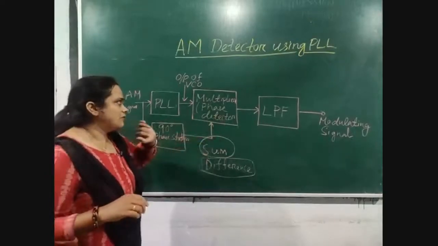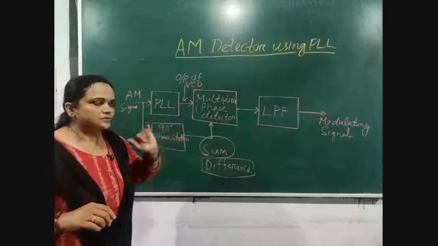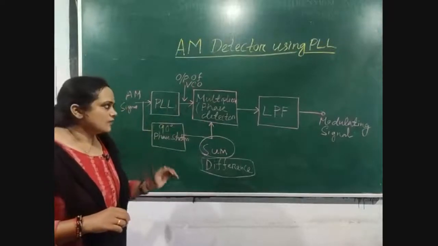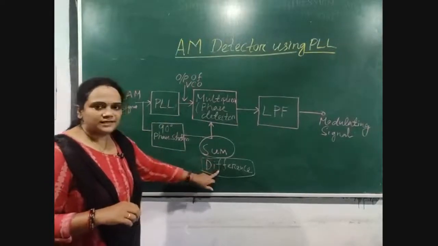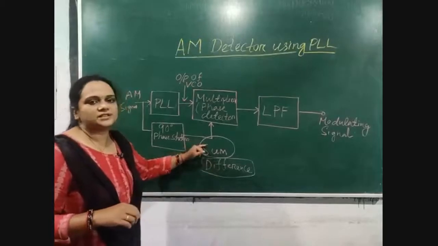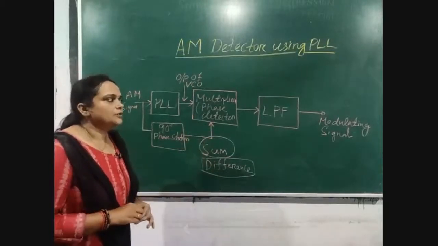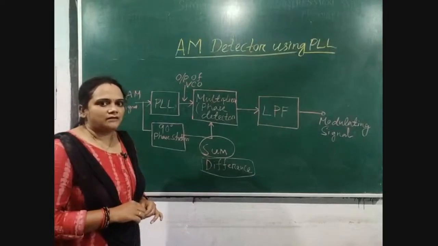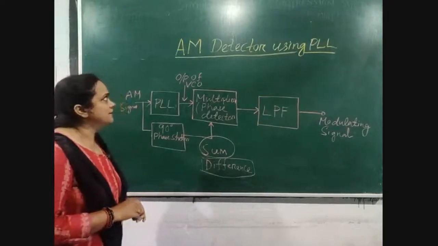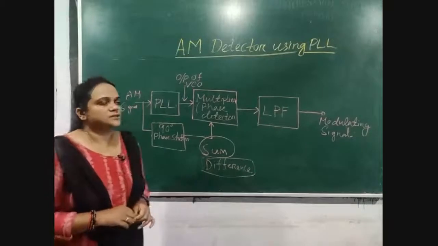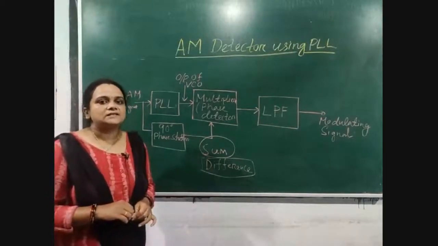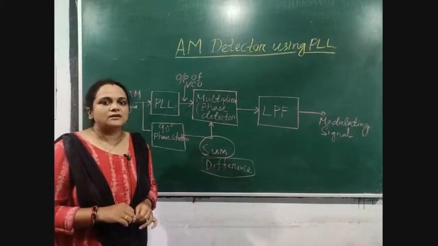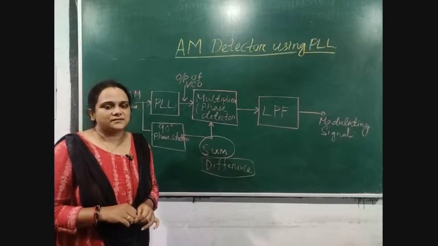So the output of the multiplier is passed through the low pass filter. Low pass filter allows the difference signal and rejects the sum signal, and at the output we get the modulating signal as per our requirement. So this is all about AM detector using PLL. In the next class we discuss about the DSB SC signal. Thank you.